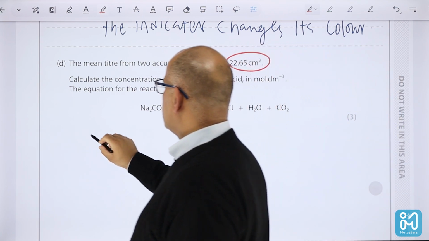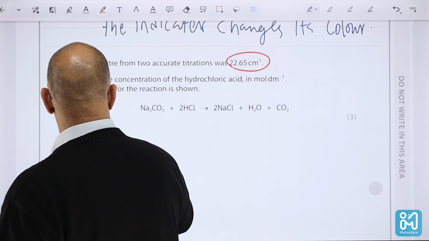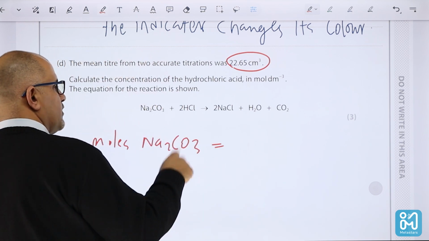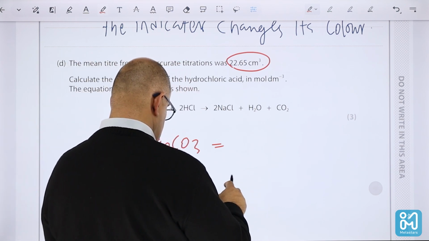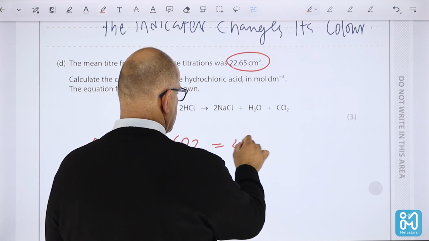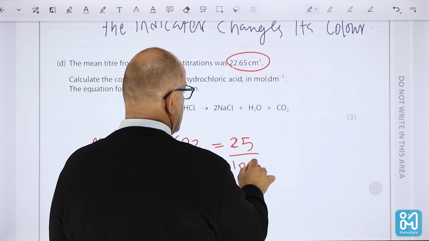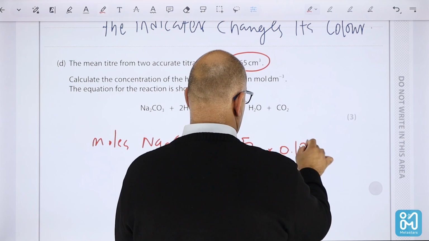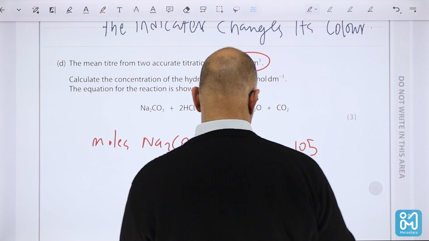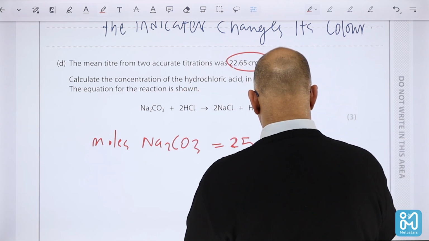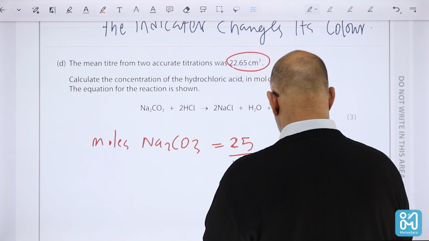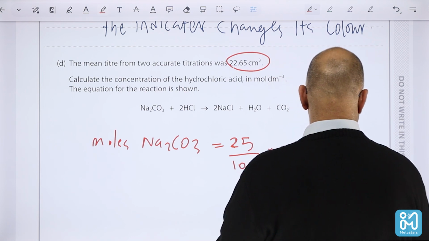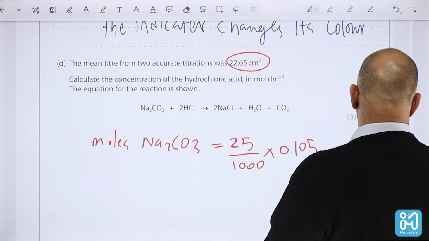So moles of Na2CO3, we can find them from the volume, which is 25 over 1000 times 0.015, which is its concentration. Do you remember? That equals 2.625 times 10 to the power negative 3 moles.